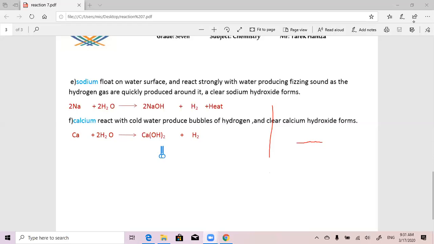There is a drawing here. The test tube contains a metal: magnesium or iron or zinc. This experiment explains what the products are, the hydrogen product, during the reaction of metal with water.